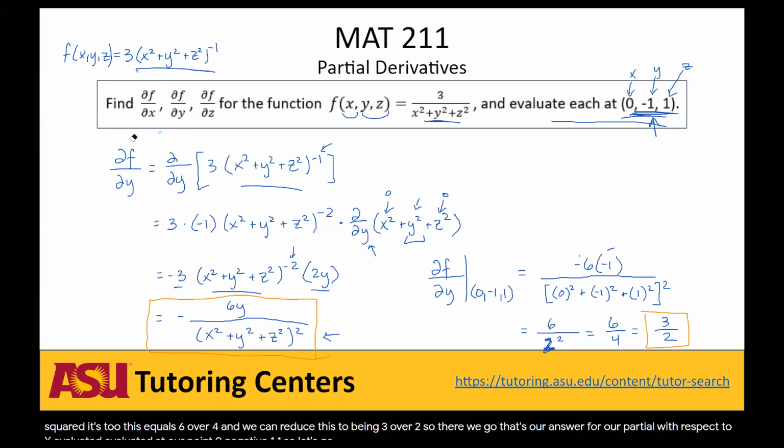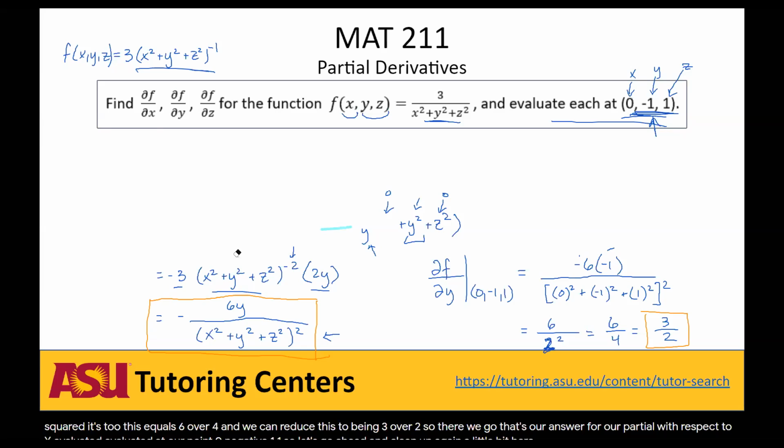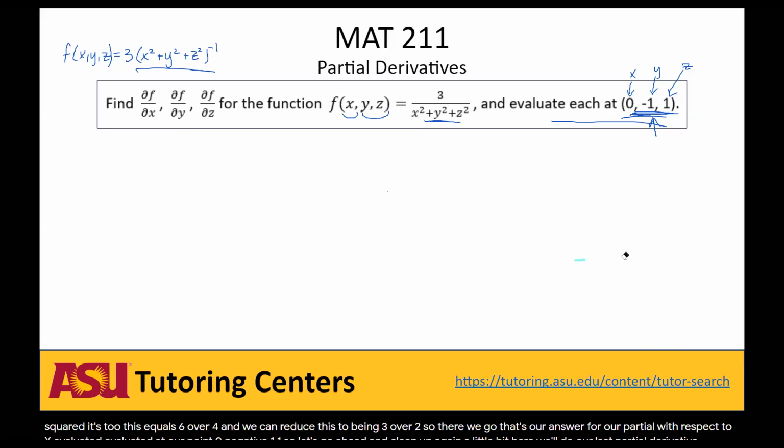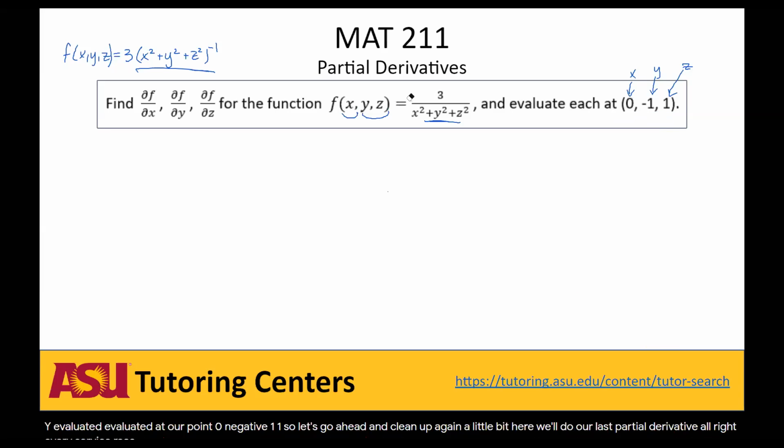So let's go ahead and clean up again a little bit here. And we'll do our last partial derivative. All right, erase, erase, erase. There we go. So we're doing the partial of f with respect to z.